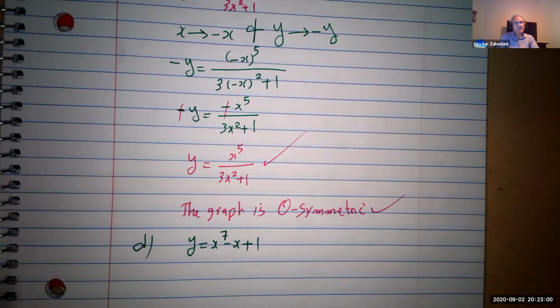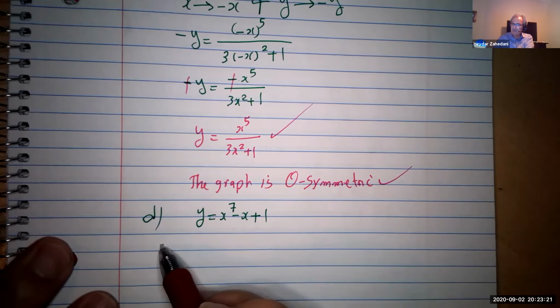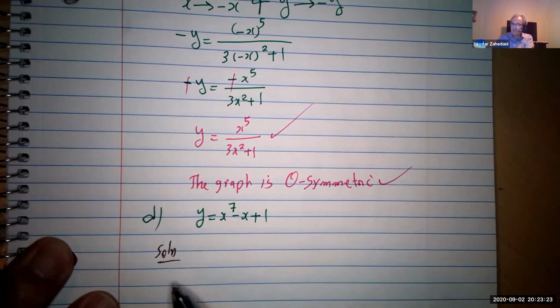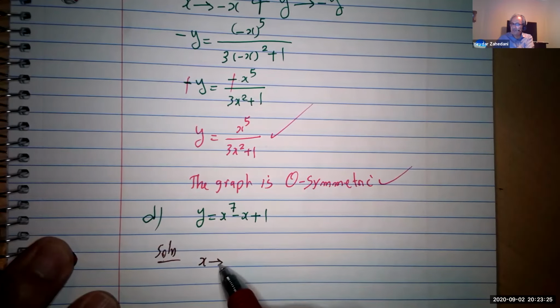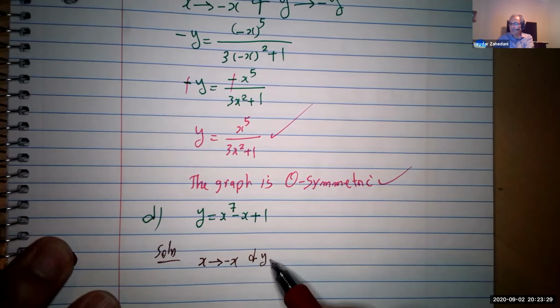Okay, so you want to check this one. Again, it's not case 1 or case 2 because we have no even power. So the possibility is case 3. Check the possibility for case 3. Change both of them, x to negative x, y to negative y.